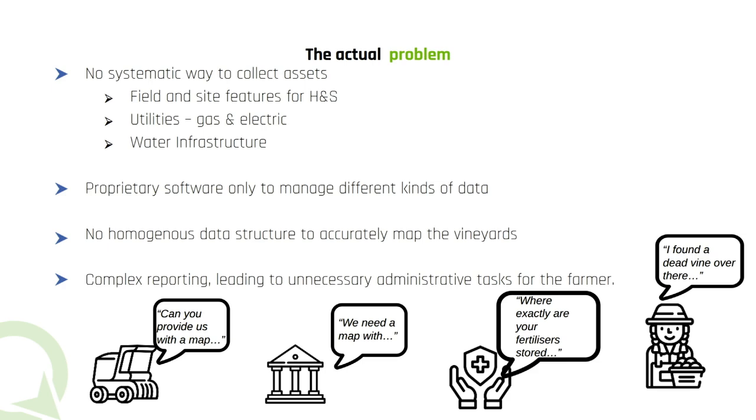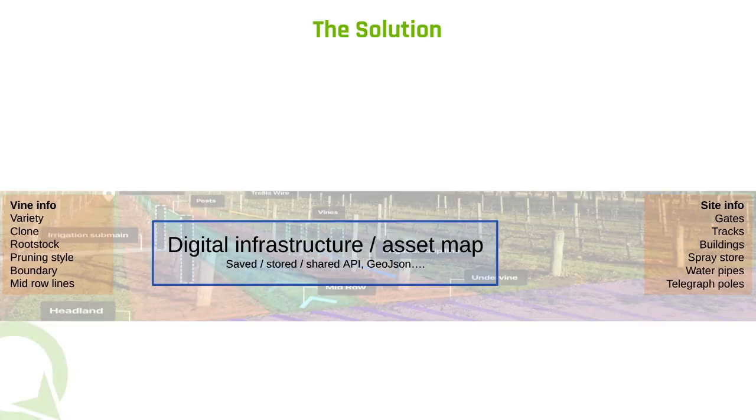And that's, I think, something that open source in general is really good at, because we adhere to standards and we can publish things in ways that are well known. What we did is build a whole digital infrastructure for him, where he would have all this information, variety, clone, rootstock, all that in a centralized place.